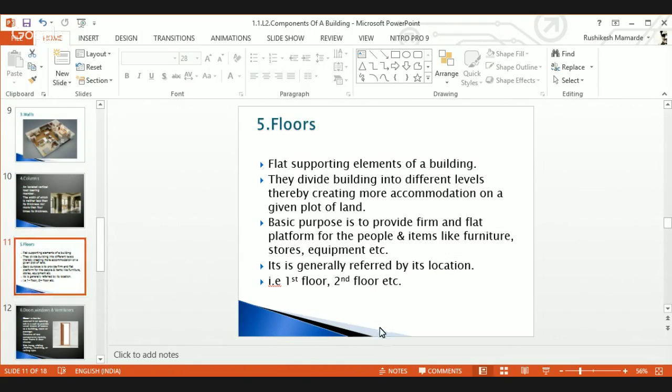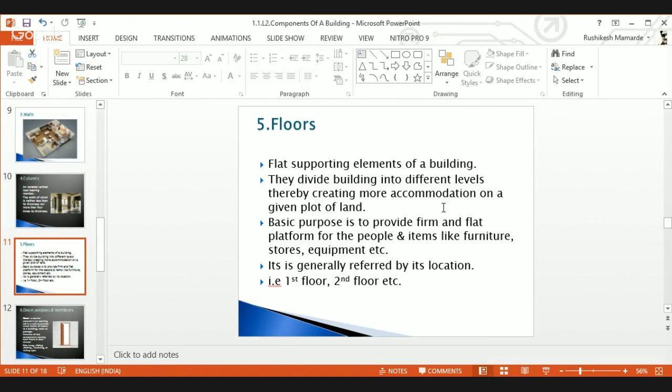Then the next is floors. What is a floor? A flat supporting element of a building. Floors divide the building into different levels, thereby creating more accommodation on the given plot of land. We have divided our buildings into different floors: ground floor, first floor, second floor, third floor, and many more. These are nothing but floors that divide the building into different levels.